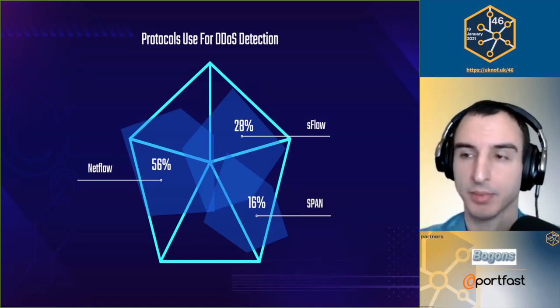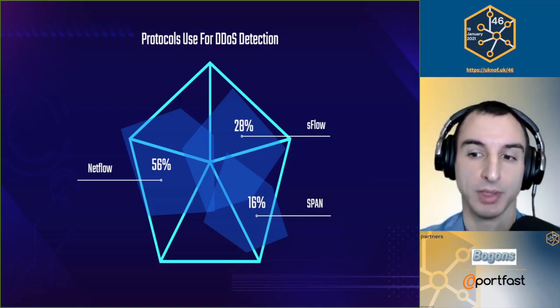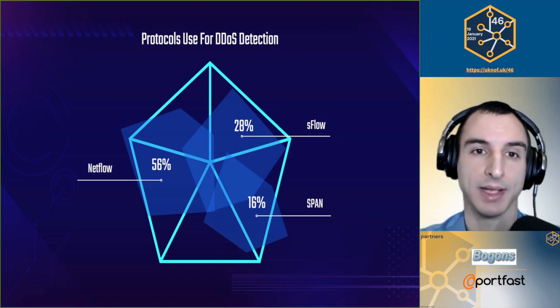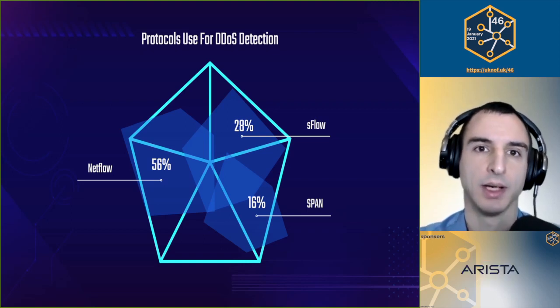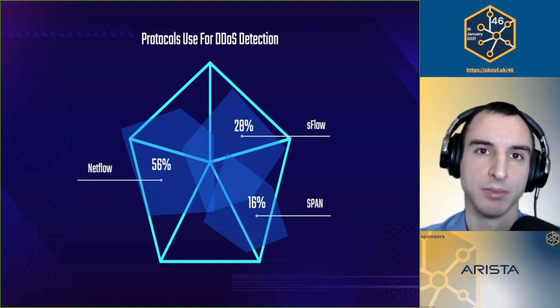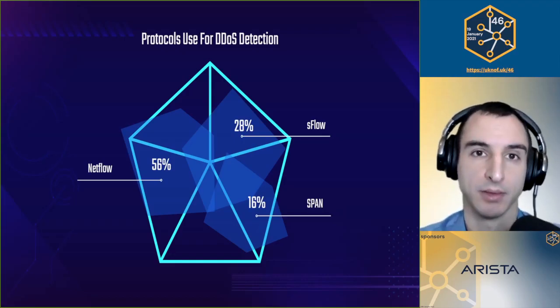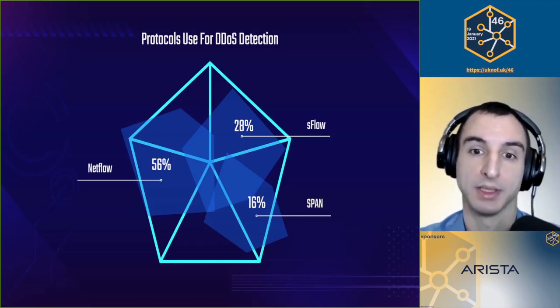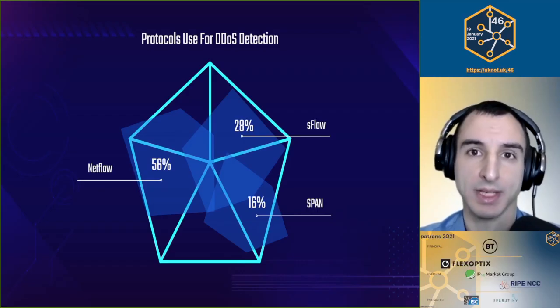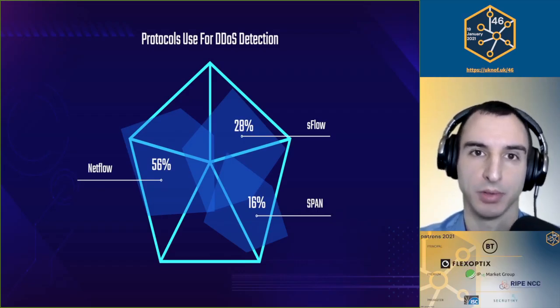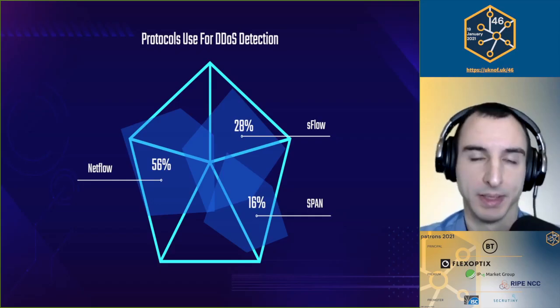The second most popular protocol is SFlow, which is quite widespread. You can see on my slide numbers collected through the customer base of FastNetMon. NetFlow is most popular, SFlow is in second place. I would say SFlow is not a very well-known protocol, but it's a really good protocol.